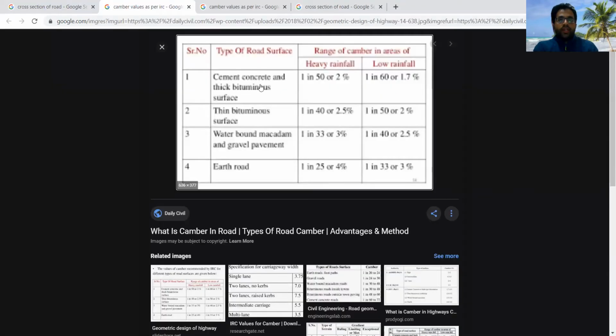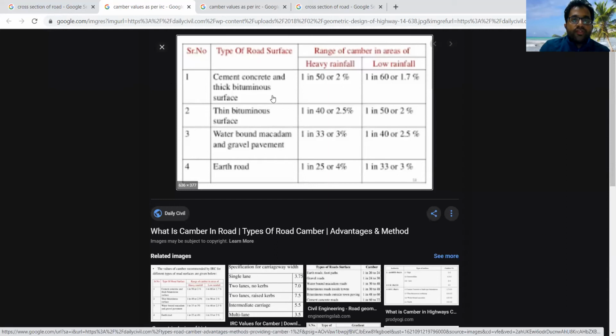Here you can observe that depending on the type of road surface, how the camber is provided. There are two factors which will decide the amount of camber provided. First is the type of road surface, and secondly, whether the rainfall is heavy or low in that particular area.